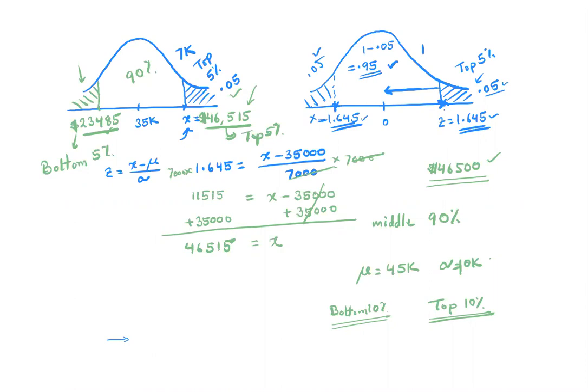The only difference in that case is that instead of 0.05, it is going to be 0.10. Then you'll be finding the middle 80%, because 10% to the left and 10% to the right means 20% is gone. And that's how you'll do this problem.